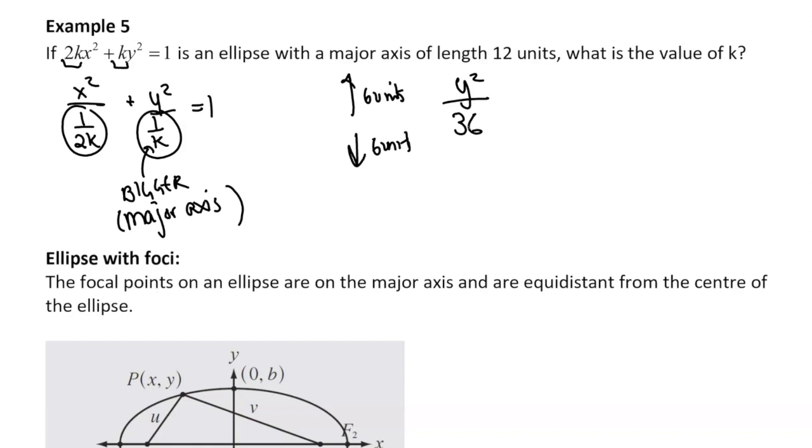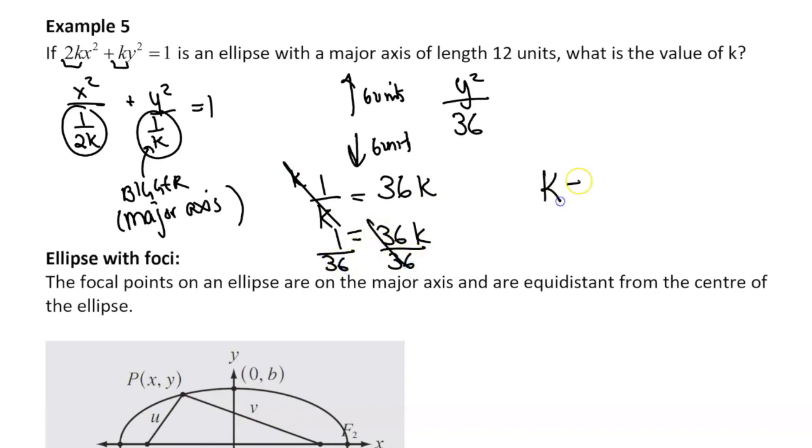And so then that means that 1 over k must be equal to 36. And if you want to solve for k, you could times both sides by k, divide by 36, and k is going to equal 1 over 36.